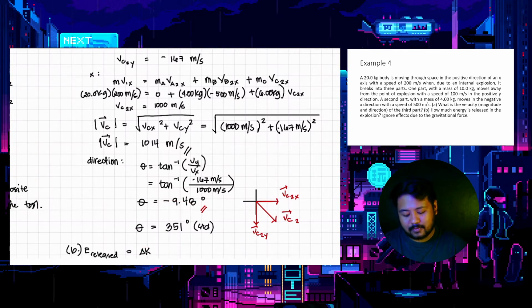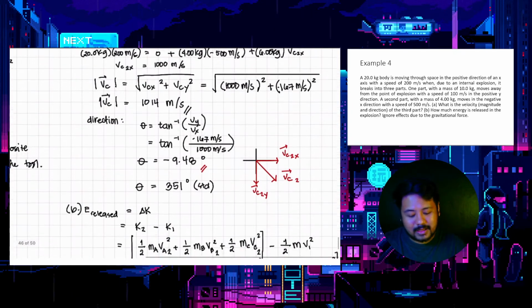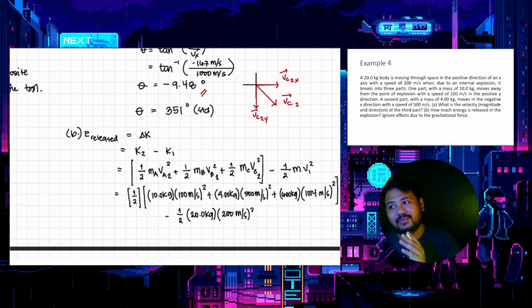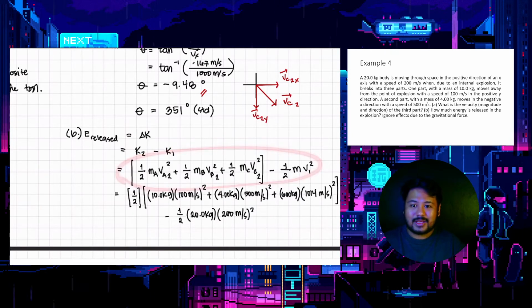For letter B, the energy released by the internal explosion. So that's just the change in kinetic energy, the change in kinetic energy from before the explosion and after the explosion. So we have this equation, K2 minus K1.